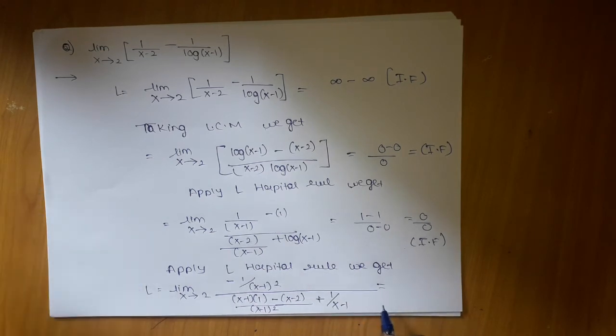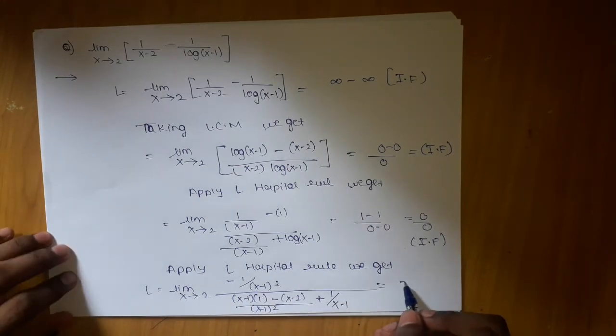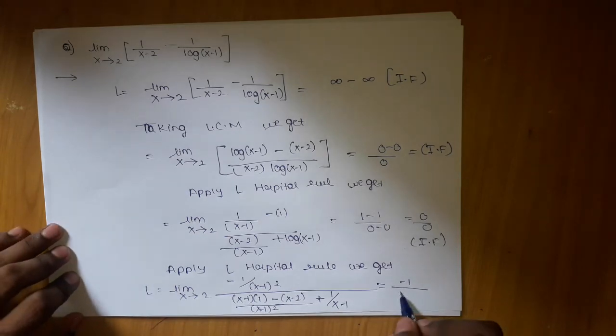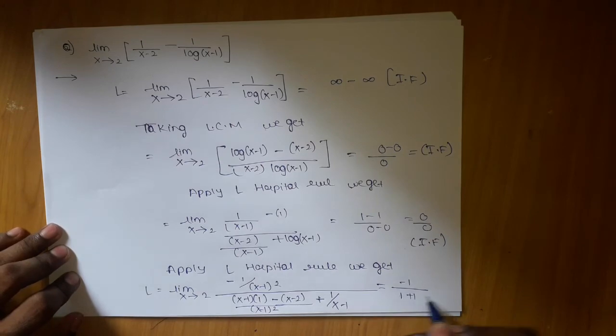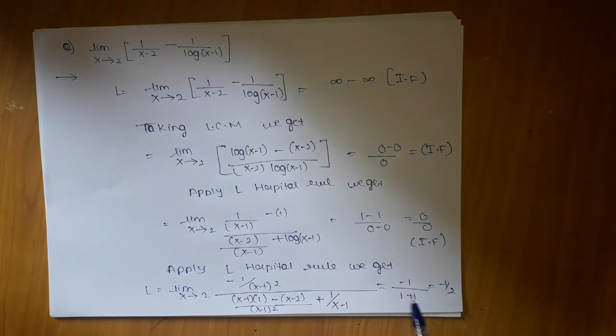If I substitute the values, the numerator becomes 2 minus 1, 1, which will be minus 1, and the denominator becomes 0 plus 1, which is 1. So I am getting minus 1 by 2 as our answer, and we will write this and equate it, and we will get the complete marks.